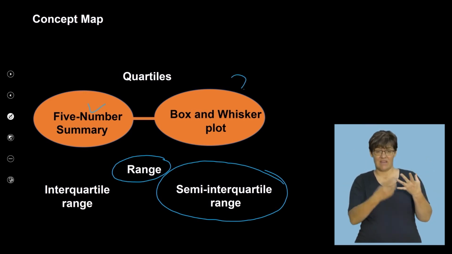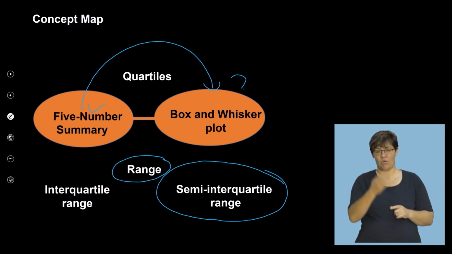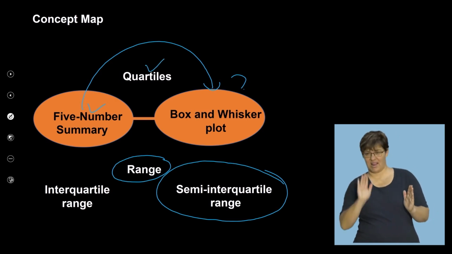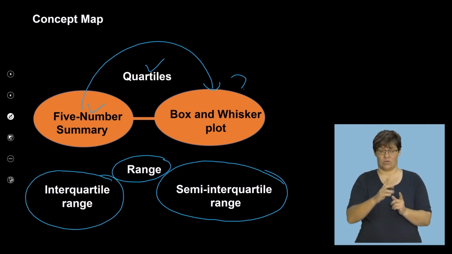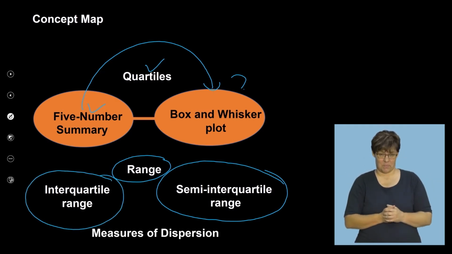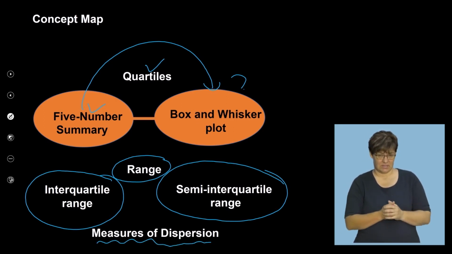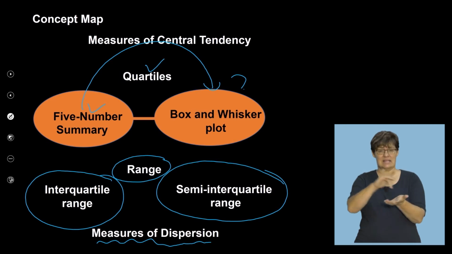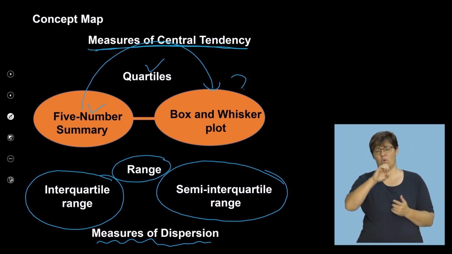We need the 5-number summary to draw the box and whisker. And we know what quartiles are now. And there's also an interquartile range. These are called measures of dispersion, and the measures of central tendency are the mean, median, and mode. There are more.